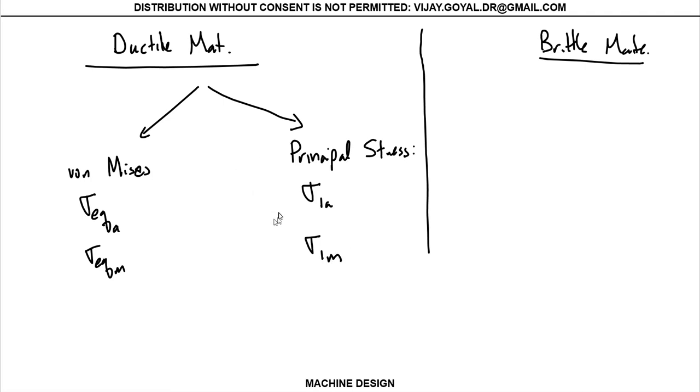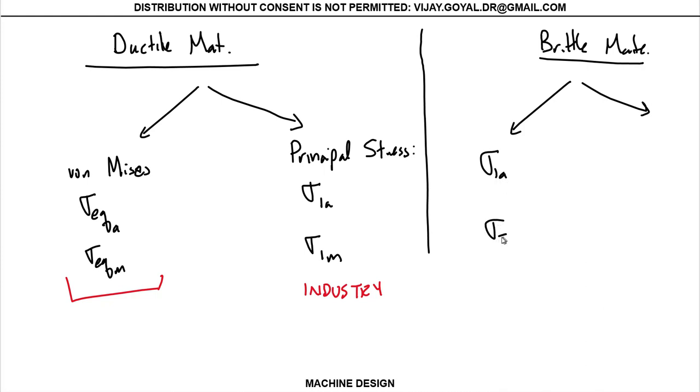So this part right here, this is what typically we do in the industry. It's very common to do this, but there are companies that actually do this as well. But this is common in the aerospace industry at least. For brittle material, we have two ways we can go about this. The typical way that we do it is just go by 1A, 1M, and we just move on with that.